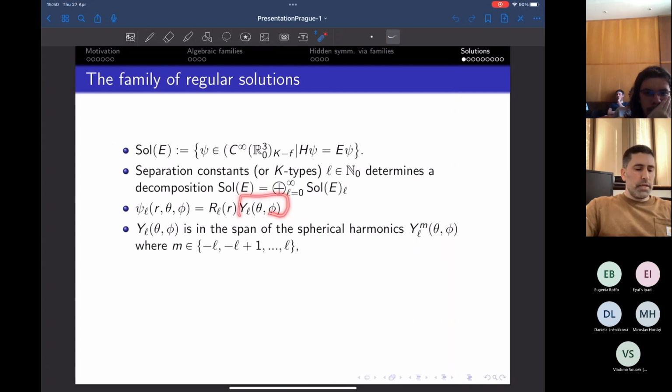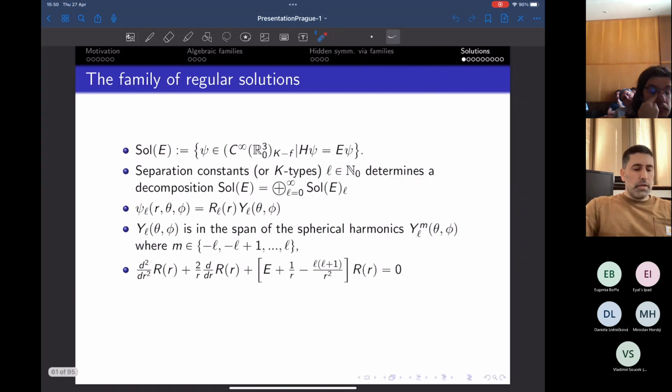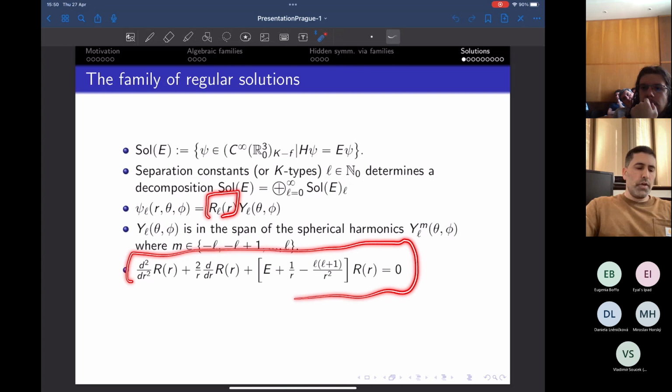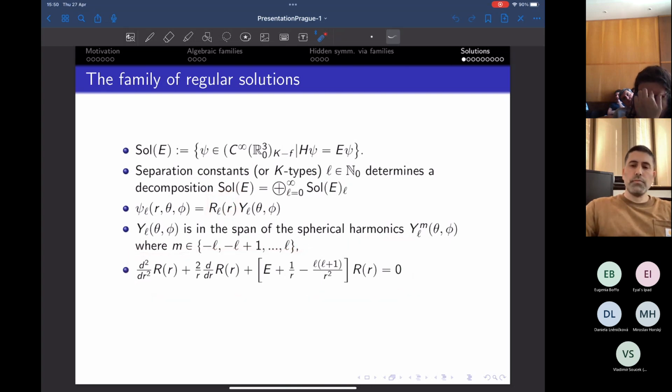The spherical part is essentially a spherical harmonic. It's a linear combination of spherical harmonics, which are familiar special functions that also appear as representations of SO3. The radial part is a solution of a second-order linear differential equation.